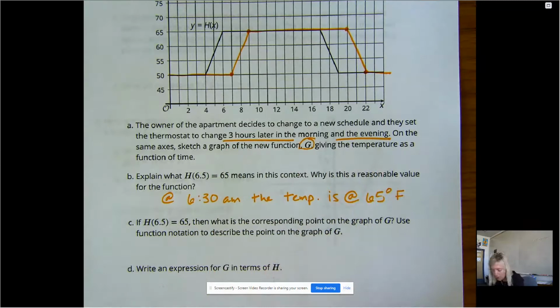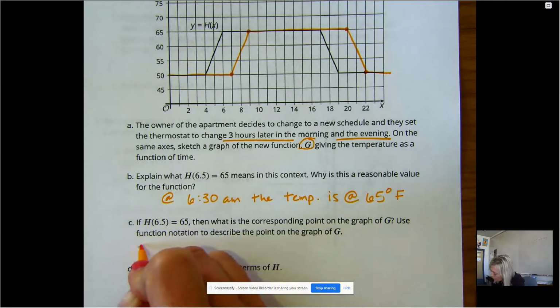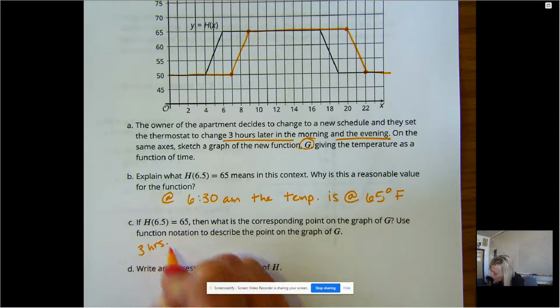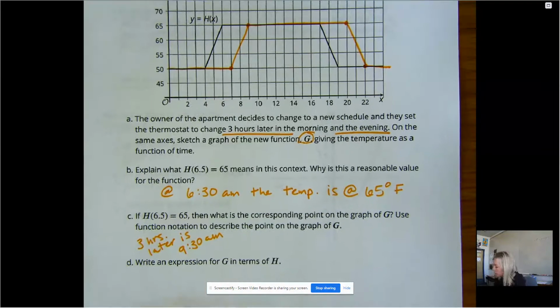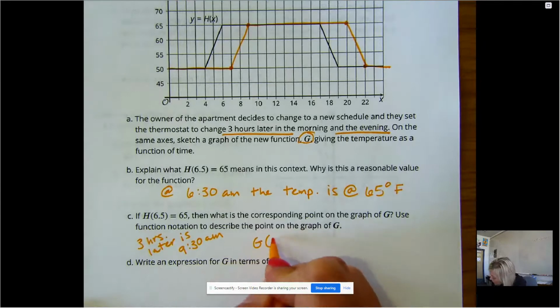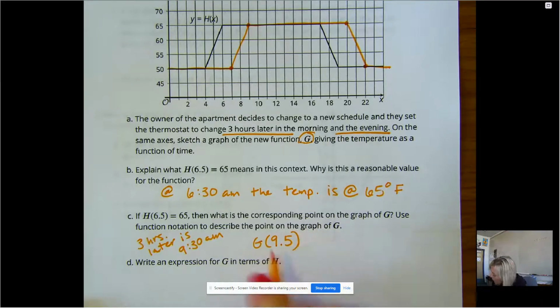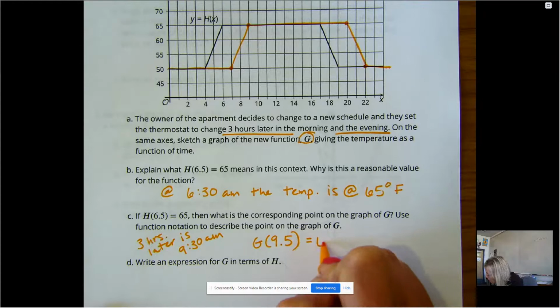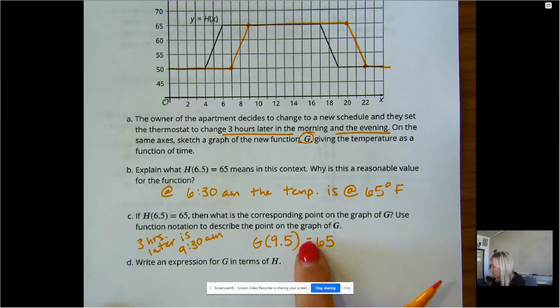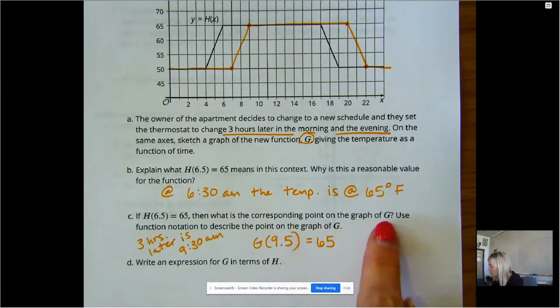So 3 hours later is 9:30 a.m. Using function notation, we would say g of 9.5, right? 9:30 is 9.5 hours past midnight. And so g of 9.5 equals 65. So that would be the corresponding point for graph g.